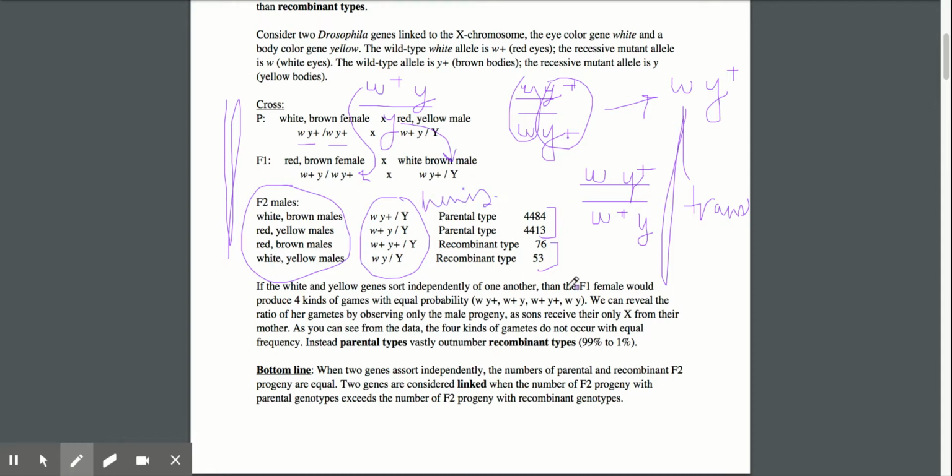Sorry, I really can't write complicated things with my finger on my cursor pad. Because they're hemizygotes, what this will allow us to see is the gametes of the dihybrid, right? The males are going to be determined by which alleles mom gave.